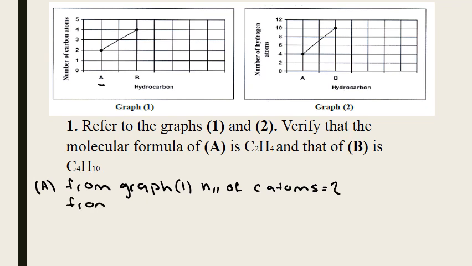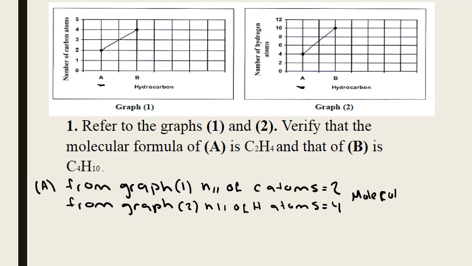From graph 2, the number of H atoms equals 4. So here the number of hydrogen atoms is 4. So then the molecular formula is C2H4.